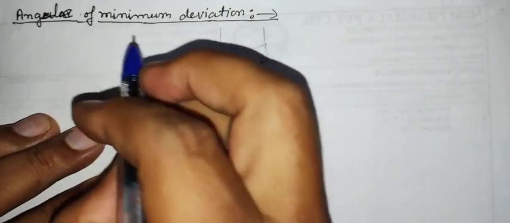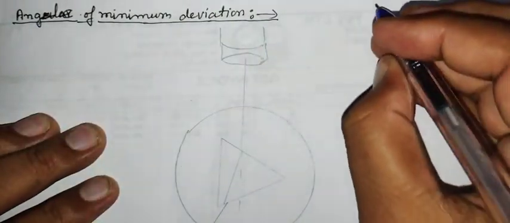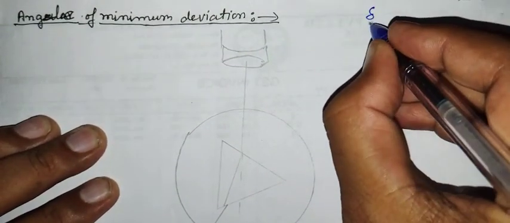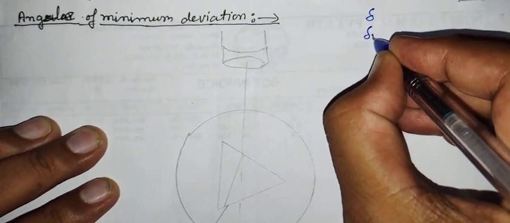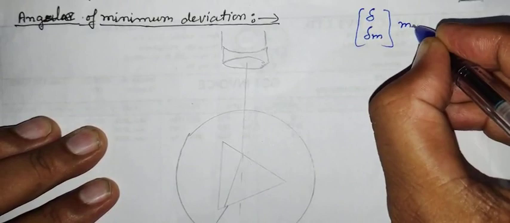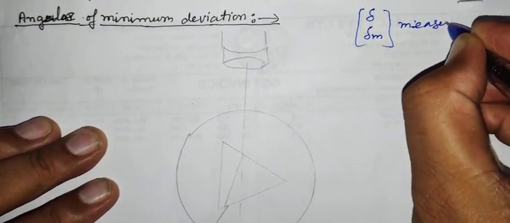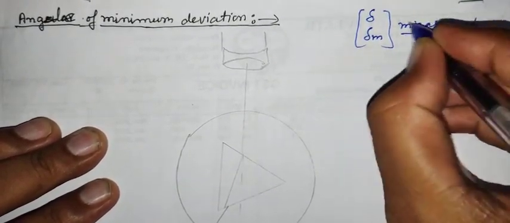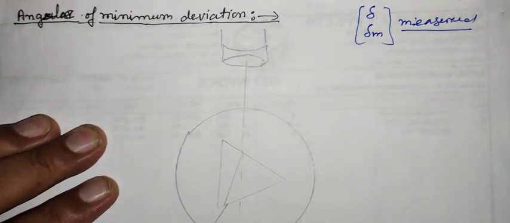Now we can obtain the angle of deviation, delta, and the minimum angle of deviation, delta minimum, can be measured with the help of this spectrometer.